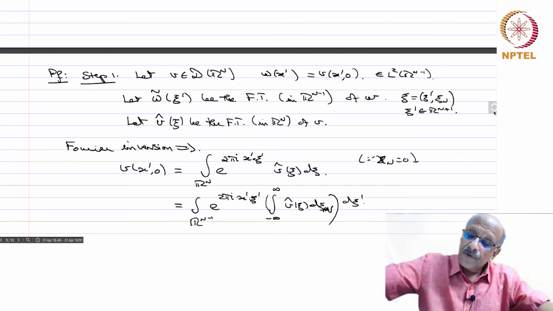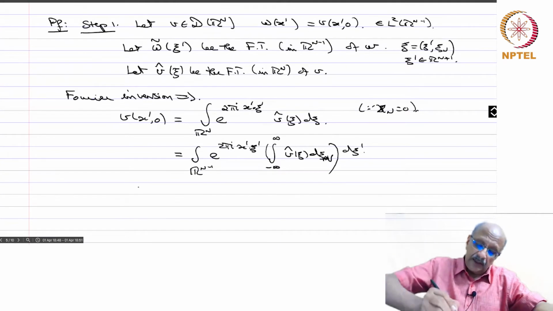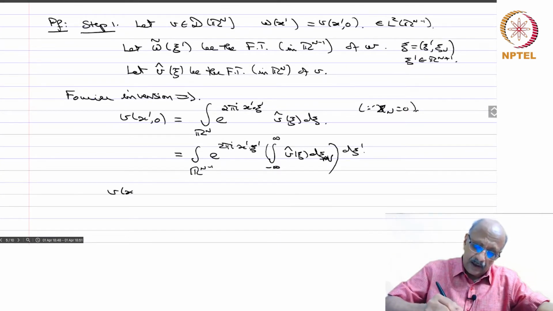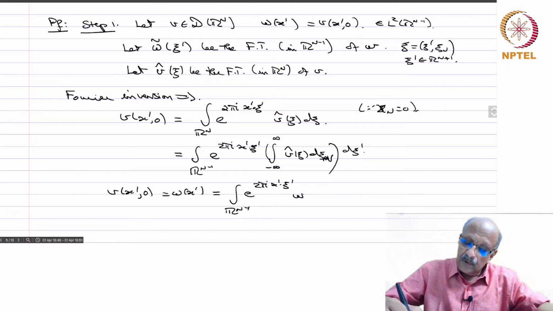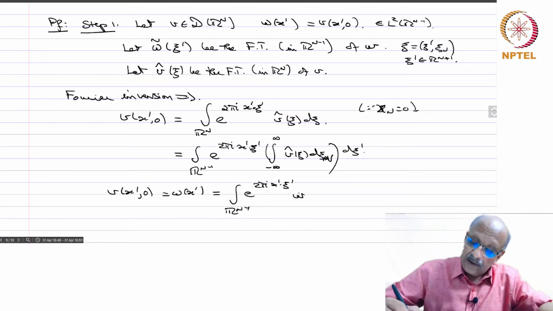Now apply the Fourier inversion formula in Rn minus 1. So this is nothing but W x dash, and that is equal to the integral over Rn minus 1 of e power 2 pi i x dash xi dash into W tilde xi dash d xi dash.